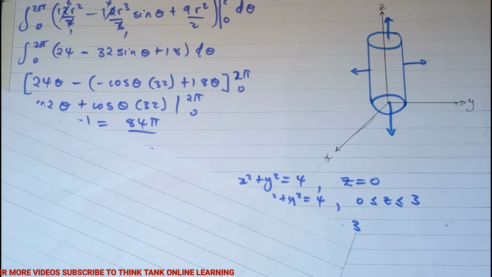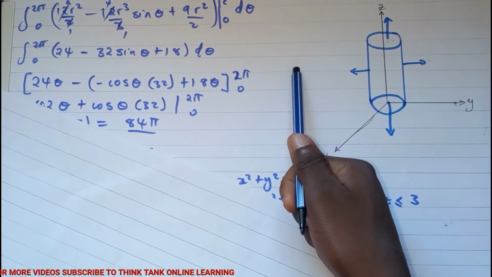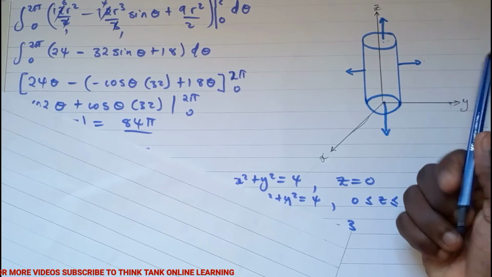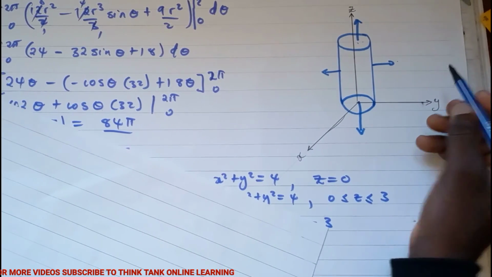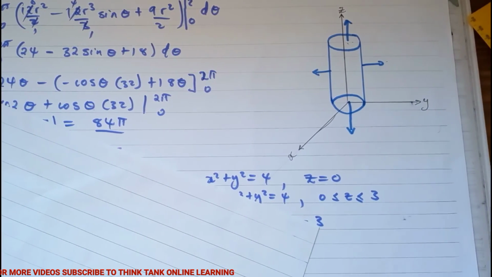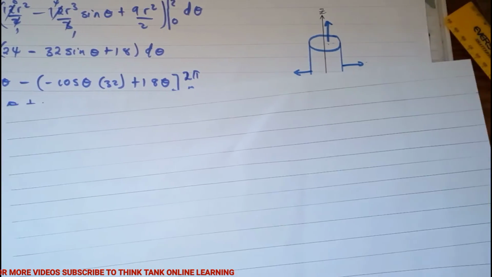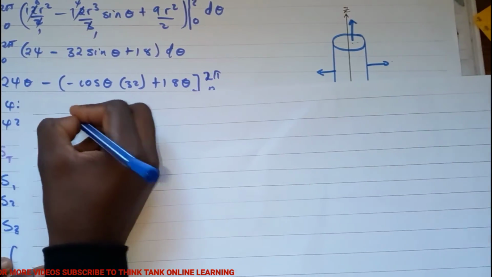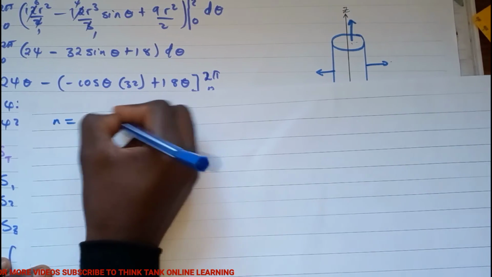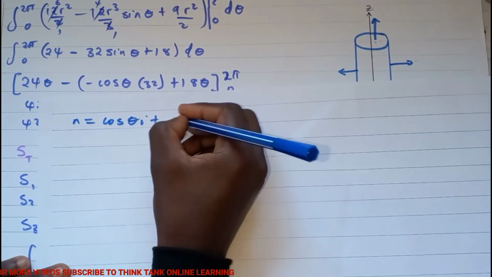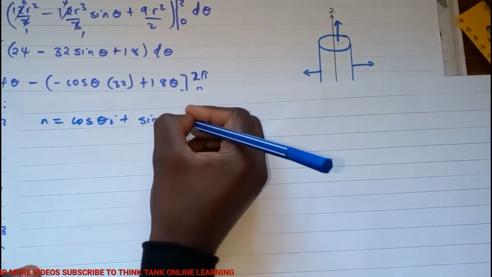It's not either negative k or positive k, but it can be x, y, or an x component plus a y component. So we don't want to stress ourselves. What if we just let the normal be equal to cos theta i plus sine theta j?